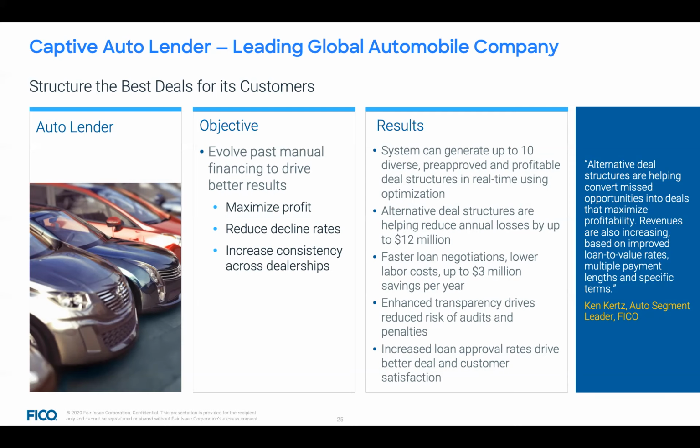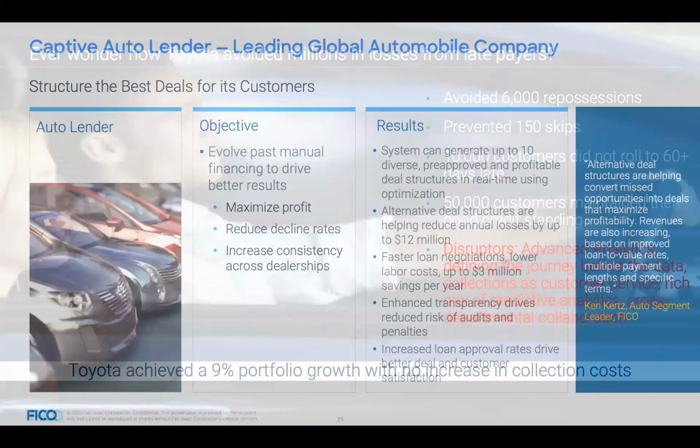So we can still run this in an automated system. Key benefits are very much faster loan negotiations, with significant savings, much more transparency. You have much less manual involvement because we could recover from an initial decline. And obviously, customers are much happier if you approve than decline them.